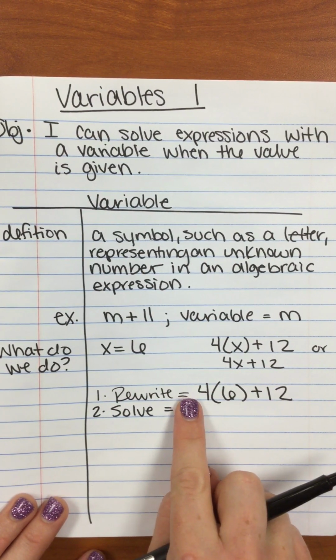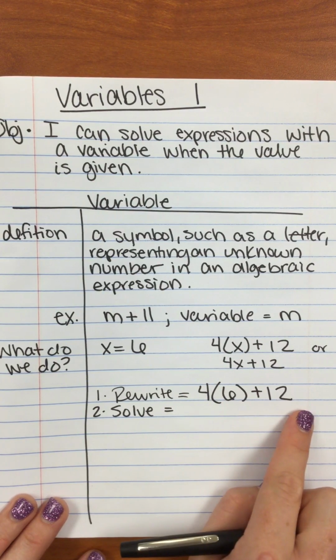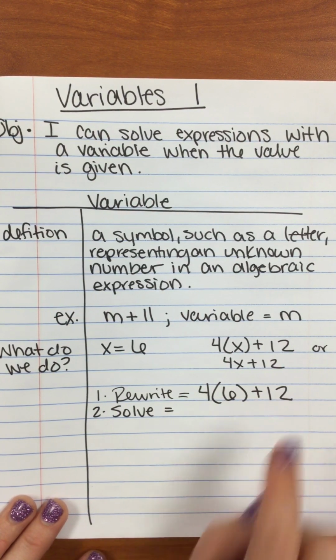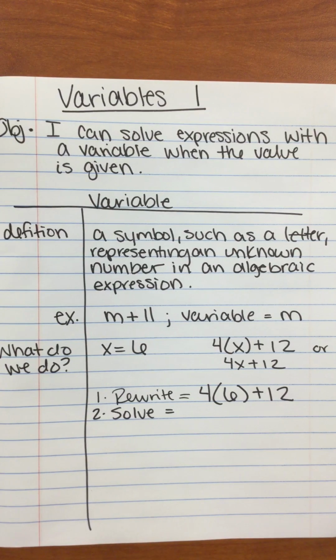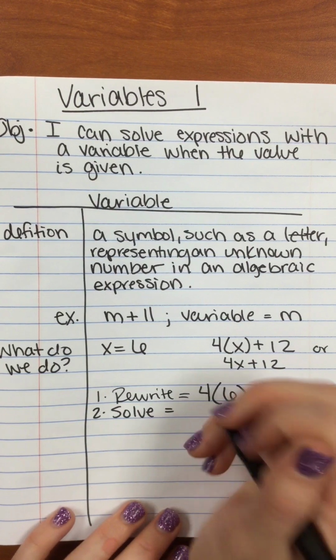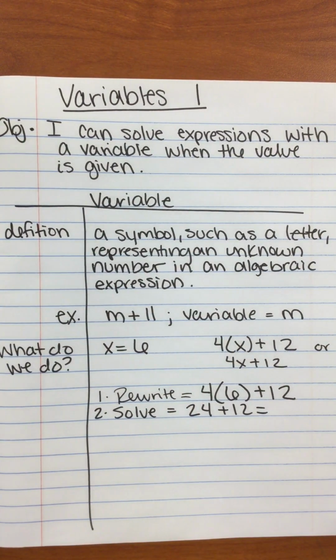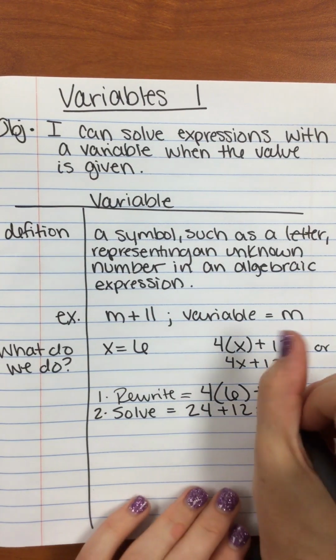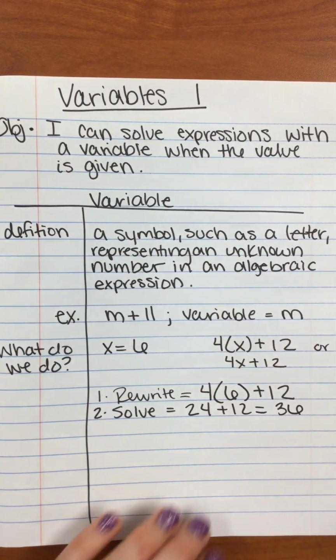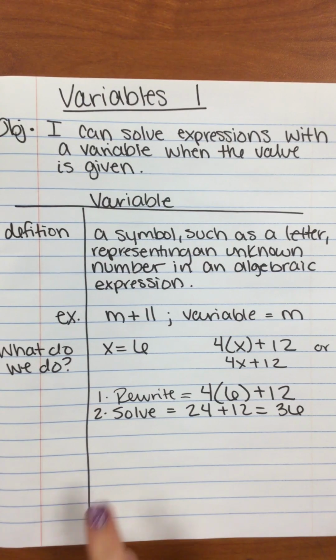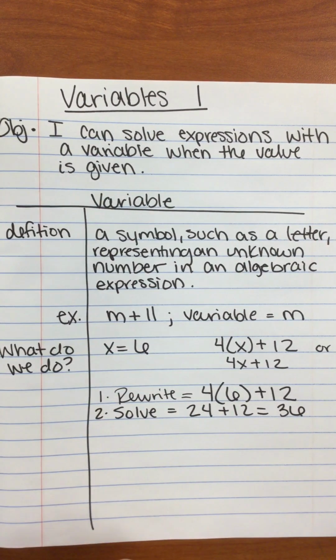So we would multiply 4 times 6, then we would add 12. Four times 6 is 24, plus 12, we would get 36. So that's what we would do when we have a variable that has a value.